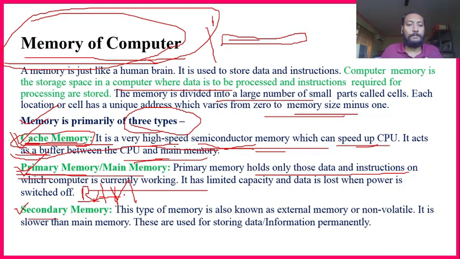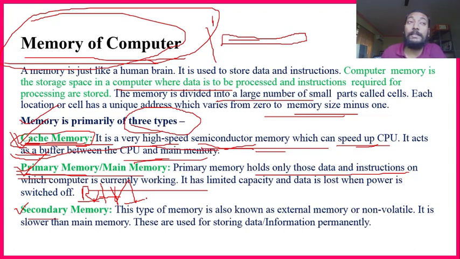Very, very important. If you want to purchase any device, a mobile or a computer, first you should look at the RAM. Based on your RAM, we can judge the function of the system.